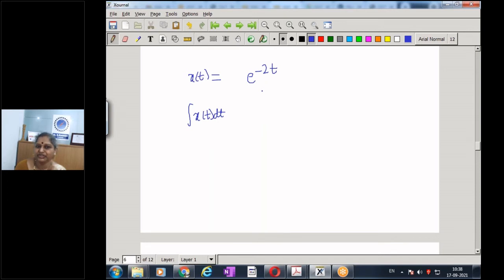In general, what is the integral of e power minus 2t, let us say from a to b?